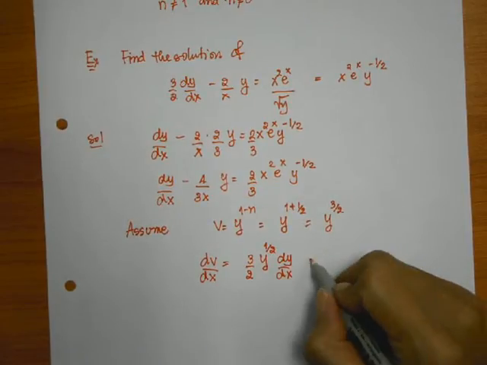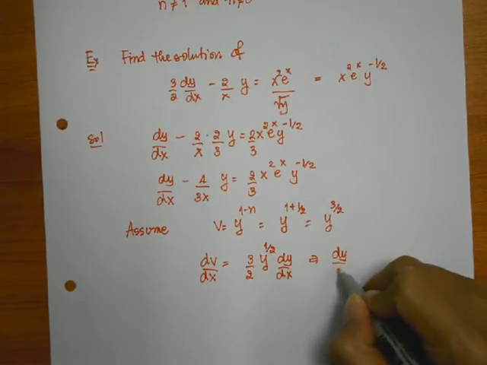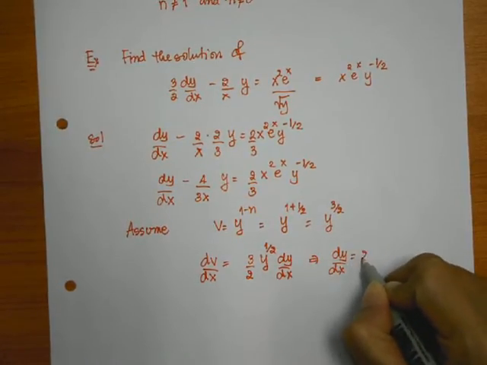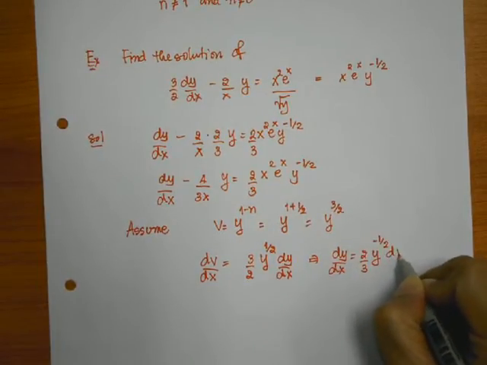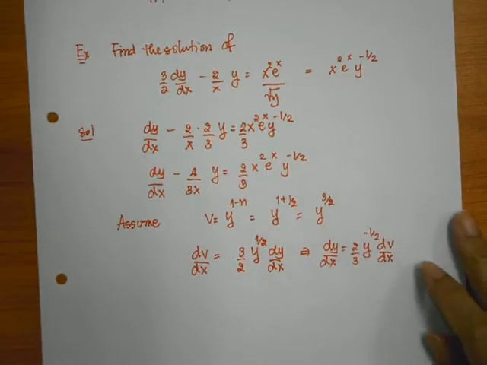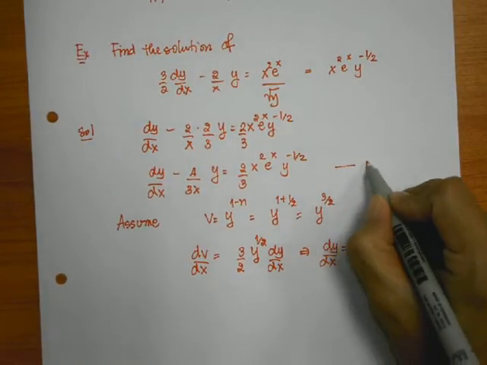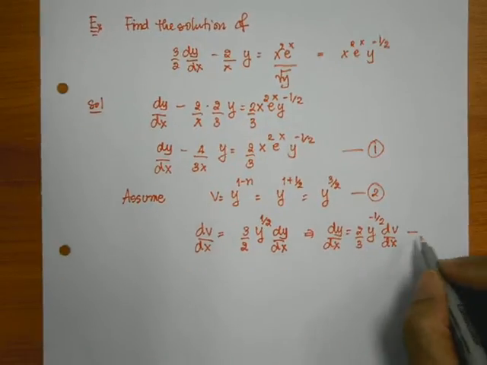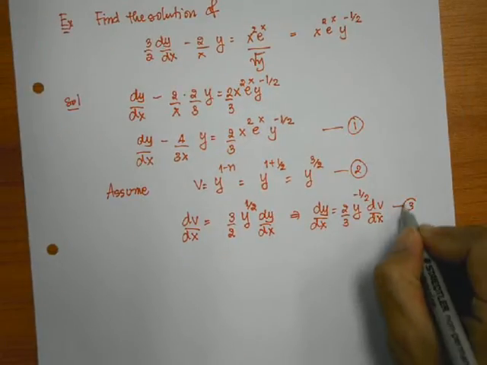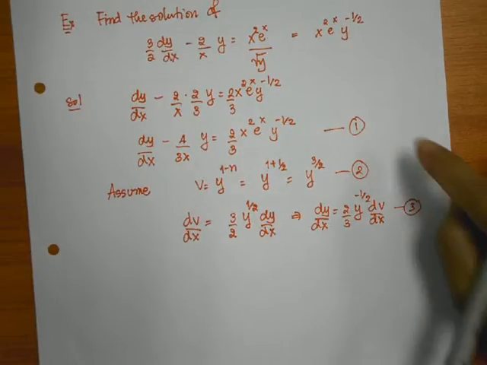And then we write it in terms of dy/dx equal to 2 over 3 y to the power minus 1 over 2 dv/dx. Let me put this as equation 1, and here is 2, and there is 3. Then we put 3 into 1.